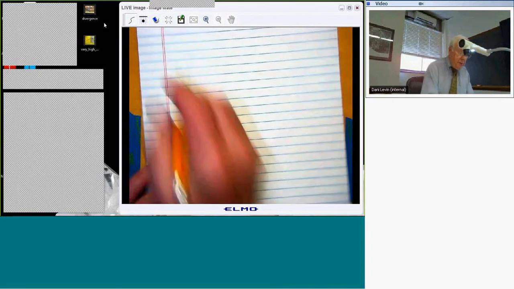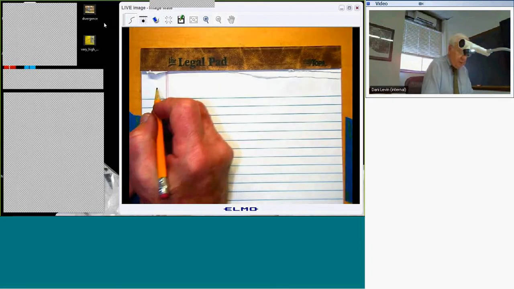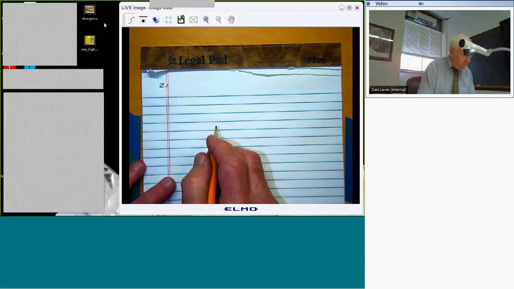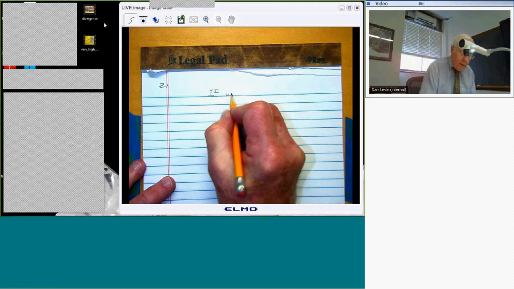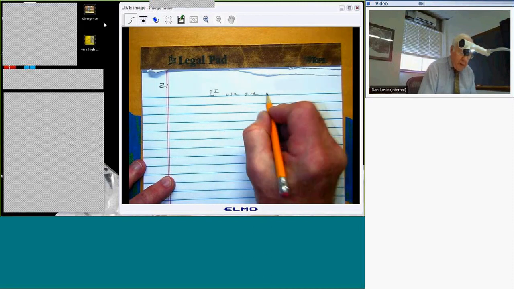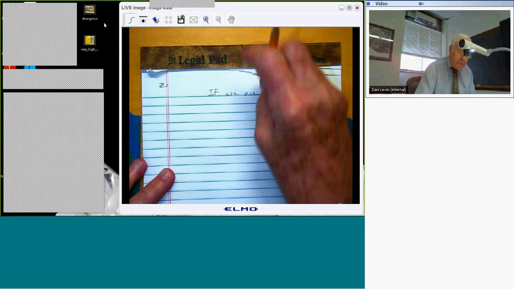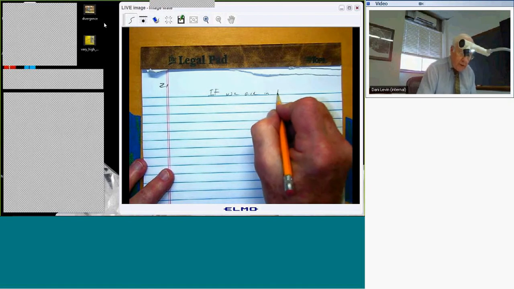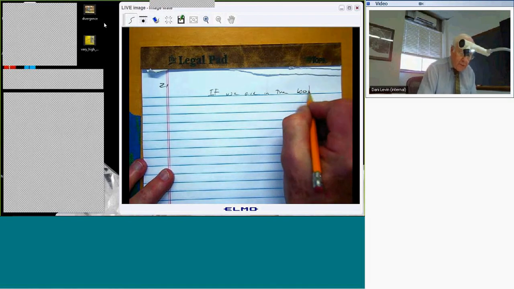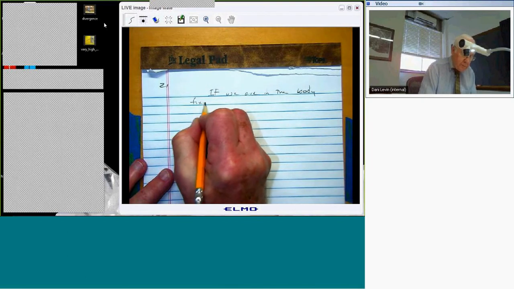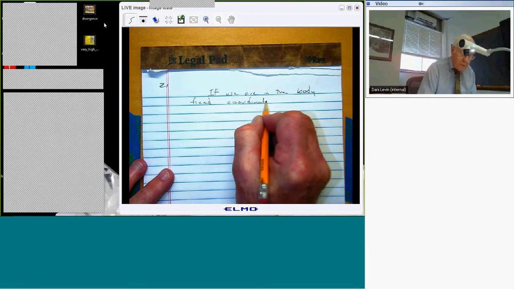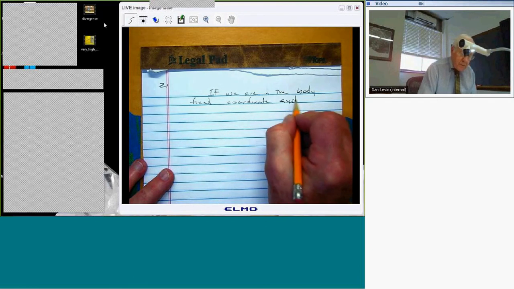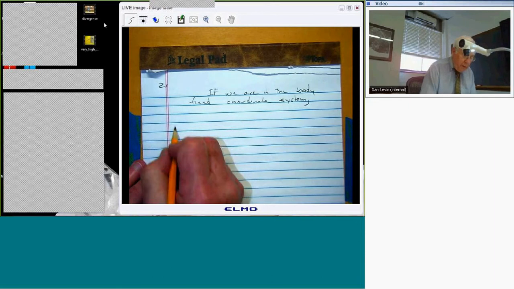Moving right along, page 2. It turns out if we are in the vehicle, in the body fixed coordinate system, then the equation becomes, I'll put a B over here for body.